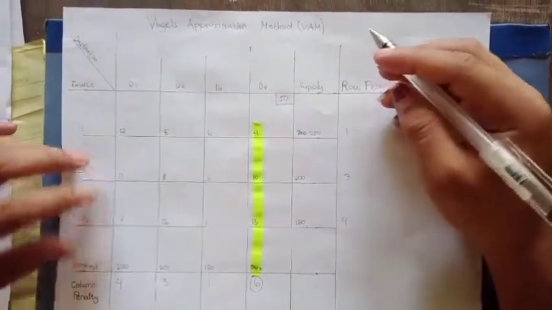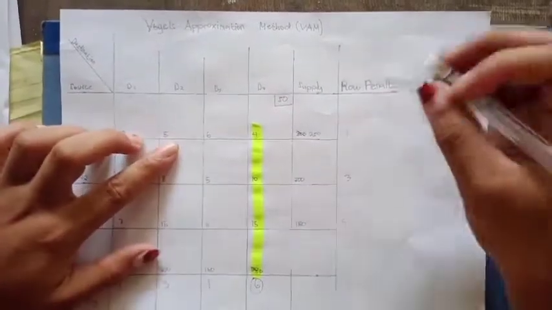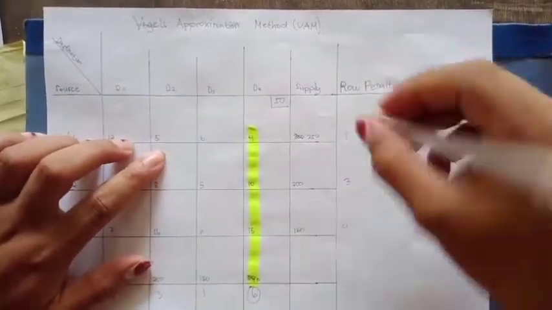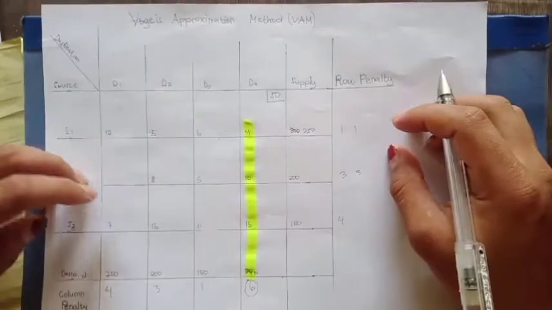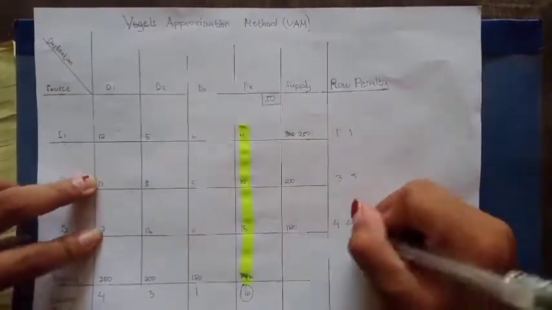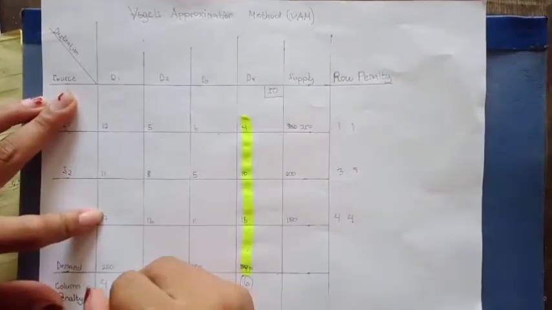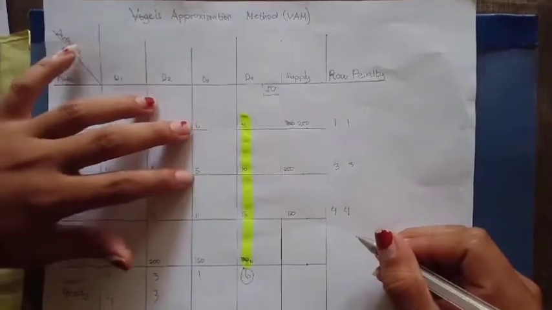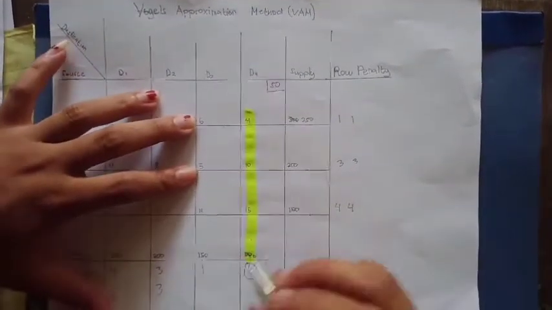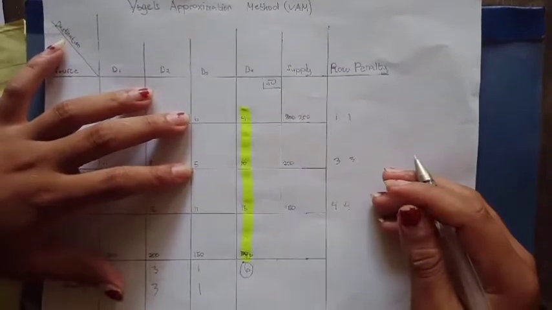Next is same process. 5 minus 6 we have 1, and then 5 minus 8 we have 3, and then 11 minus 7 we have 4, and then 11 minus 7 we have 4. Next is 8 minus 5 we have 3, and 6 minus 5 we have 1.